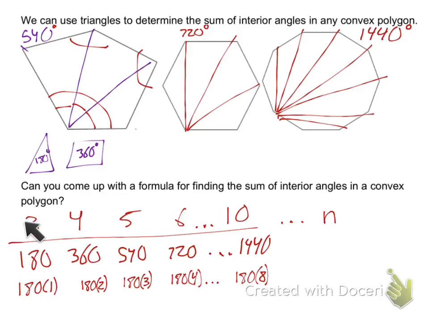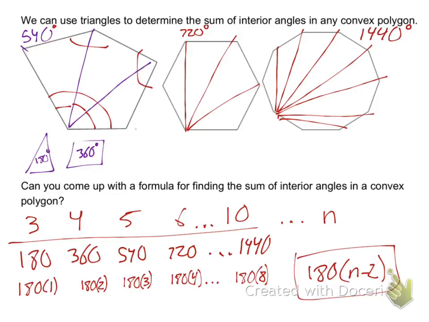This is our sides, the number of sides n. If I subtract 2, I get the number to multiply by 180. 4 minus 2 is 2, 5 minus 2 is 3. So the formula is 180 times n minus 2. There's your formula, guys.